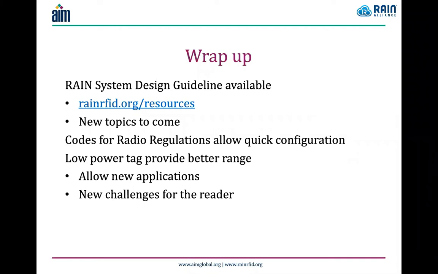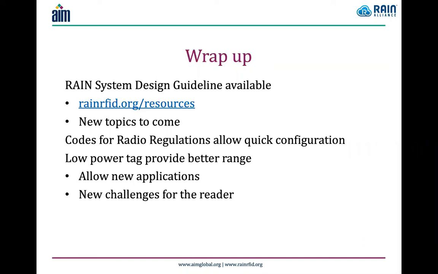And finally, we need to consider that the sensitivity of RAIN readers has to be improved, and also consider the fact that we are now in a stage wherein the ICs are really sensitive, so low power tags can provide better range. This has opened a new avenue of applications for us, but at the same time, new challenges that are faced by the reader.